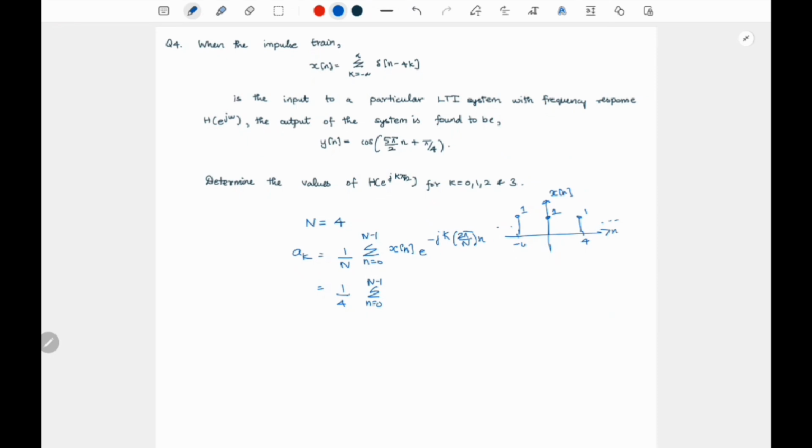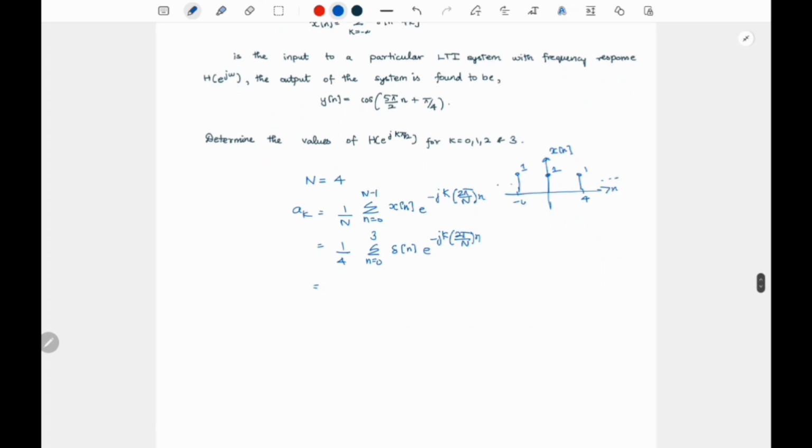Because my n is only in this region. So I'll consider only delta of n e power minus jk 2 pi over n into n. So delta of n into this will give me just 1, correct? So I can take it out of the summation. Only the n equal to 0 term will be non-zero, and at that point the value is 1. So all my a_k are equal to 1 by 4.